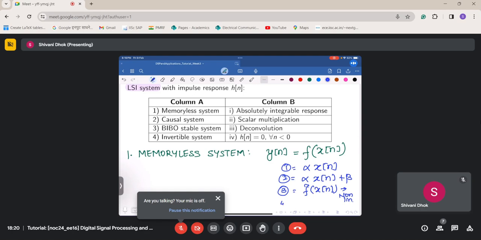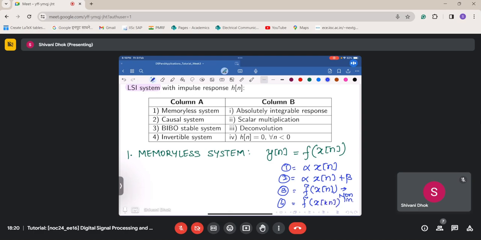And the fourth could be some f tilde of x[kn]. Now what we observe is these two systems are anyway out of our look, because these two systems are 100% not LTI.